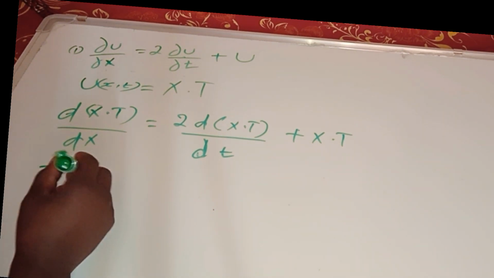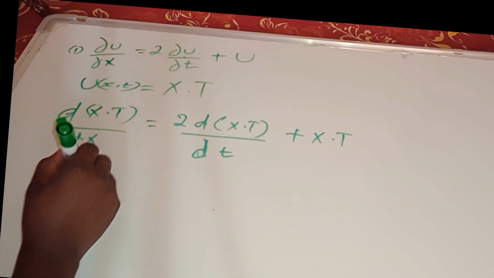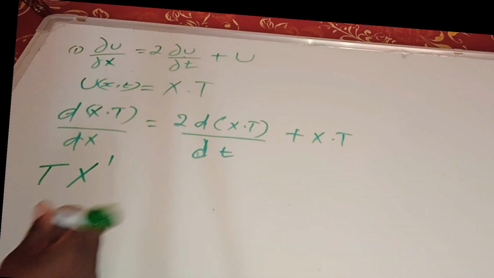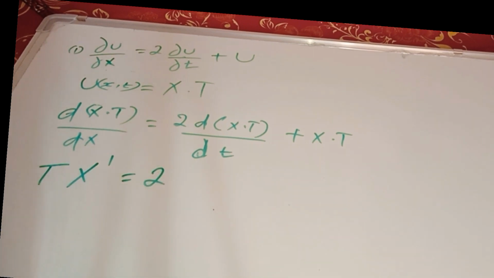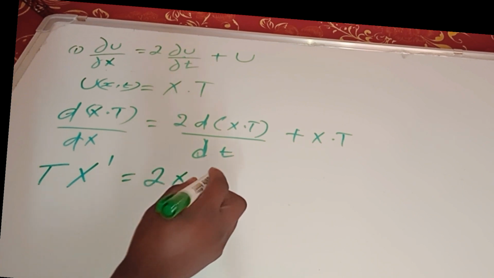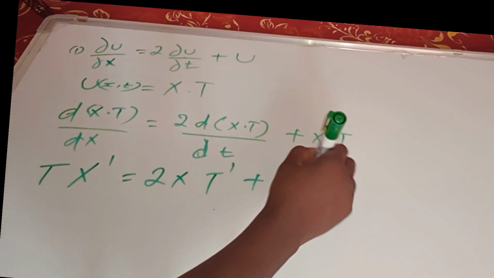So this implies that dx is equal to x prime. In simple terms, it is equal to 2, factor out x, 2x t prime plus xt.